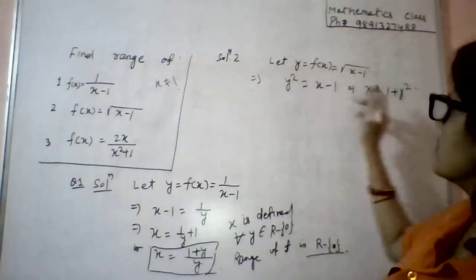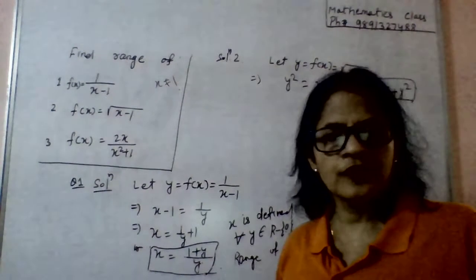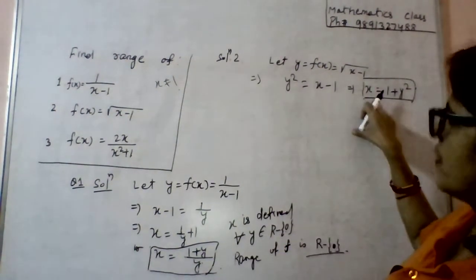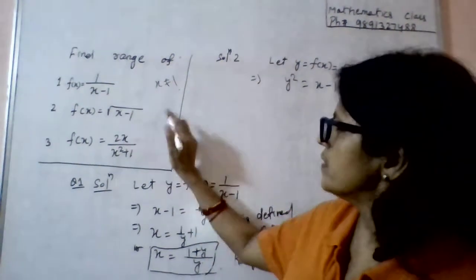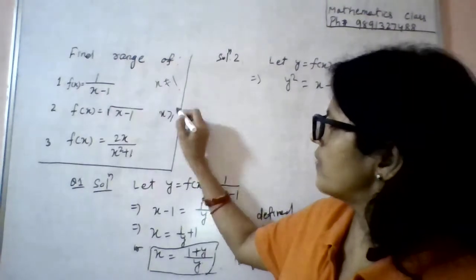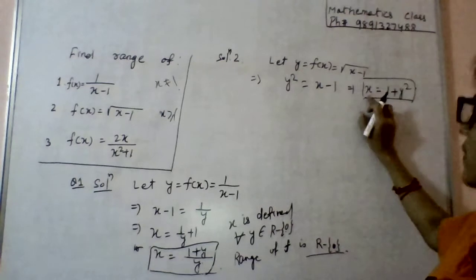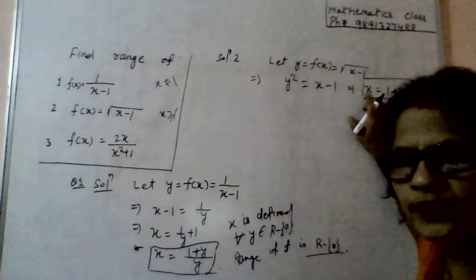Second step is express x in terms of y. Then third step is ask the question to yourself, for what value of y x is defined. Here x defined means the domain of the function is x greater than or equal to 1, right? So here we have to see for what value of y x will be greater than or equal to 1.